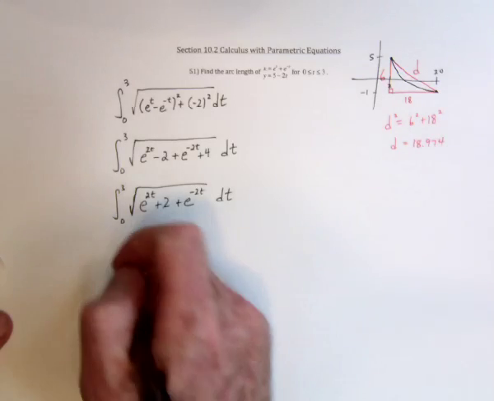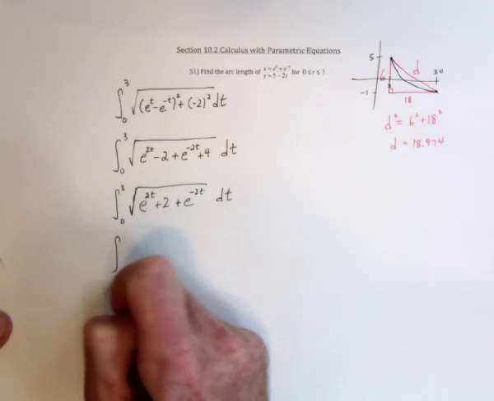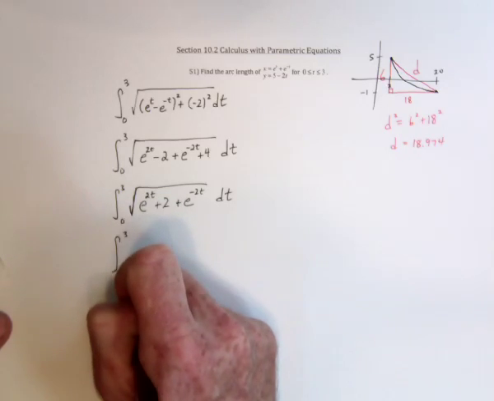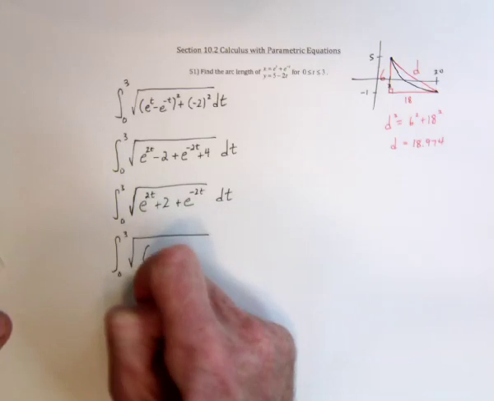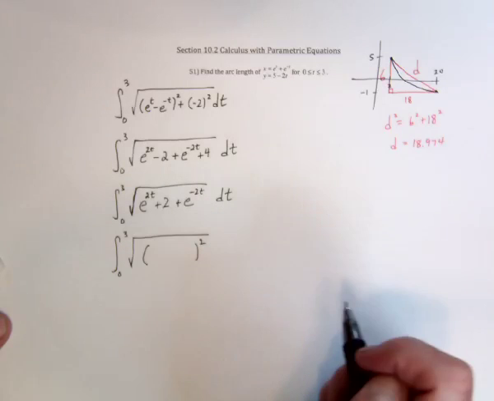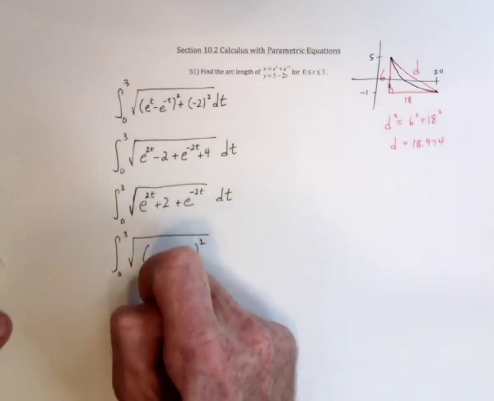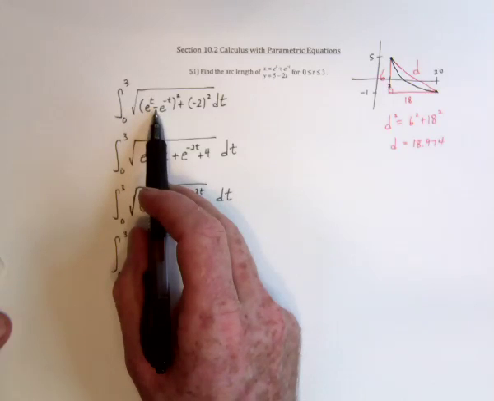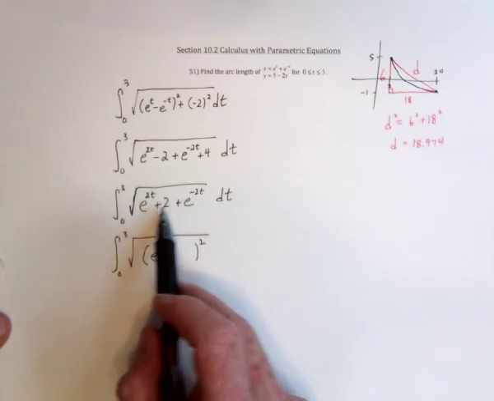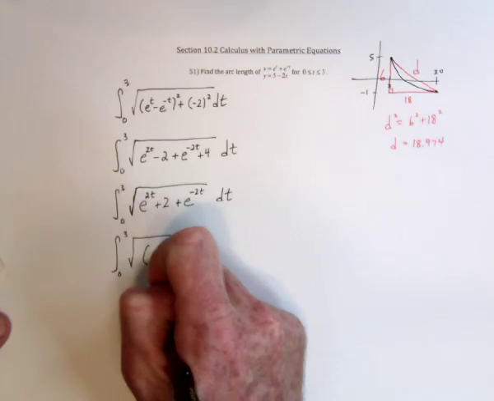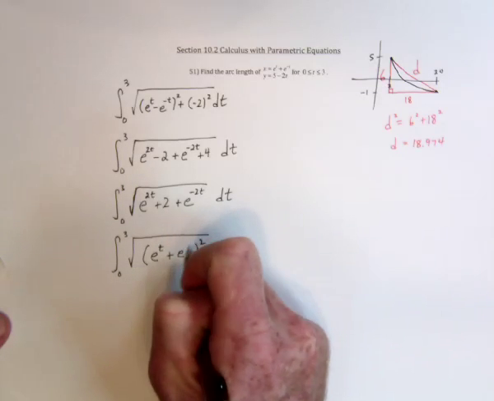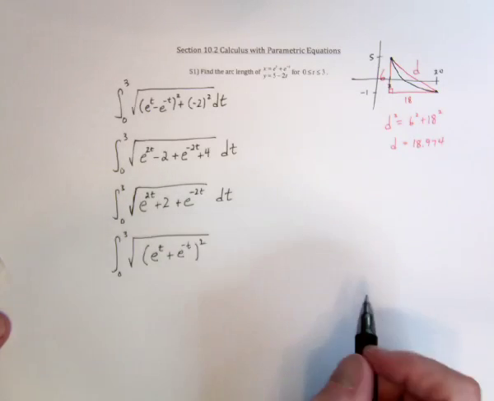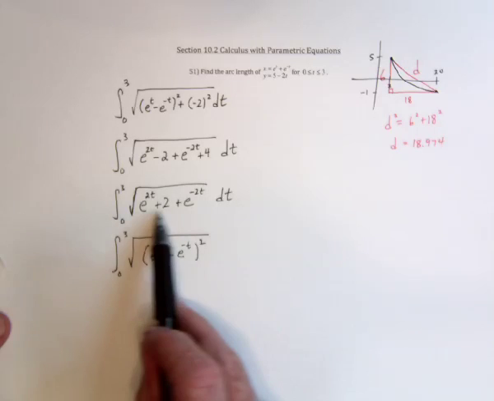So that leads me to believe that you could factor. And in fact, it should factor into a perfect square. So if we have e like this was, except instead of having negative in between, have positive in between. So if we have e to the t plus e to the negative t and square it, is that the same as this?